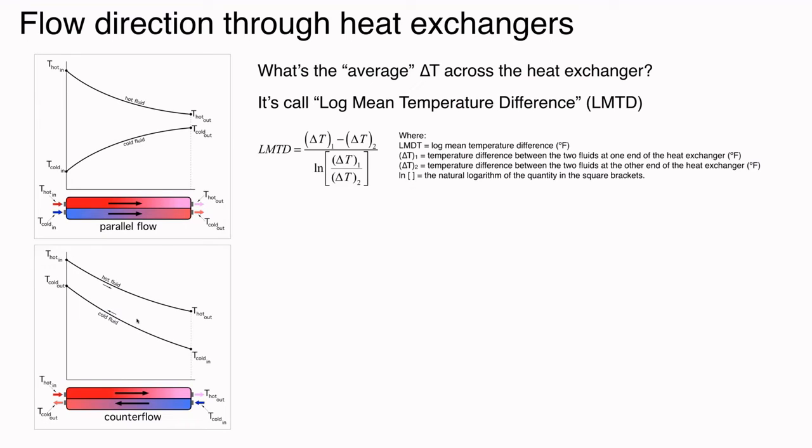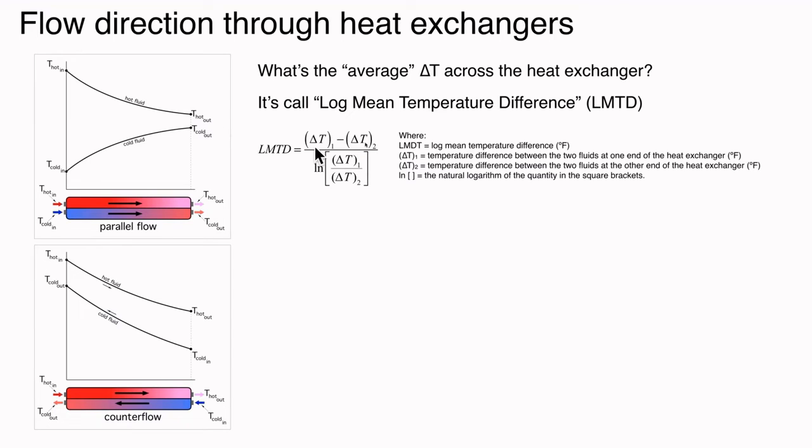And within heat exchanger theory, there's a parameter called the log mean temperature difference. And if you have a heat transfer handbook or textbook, they all cover the derivation of this. But the formula down here involves knowing the temperature difference between the two fluids at one end of the heat exchanger and the other end.